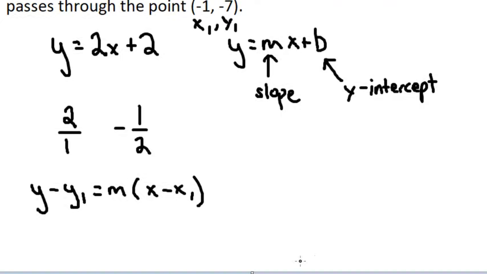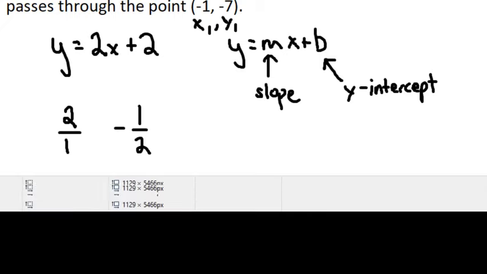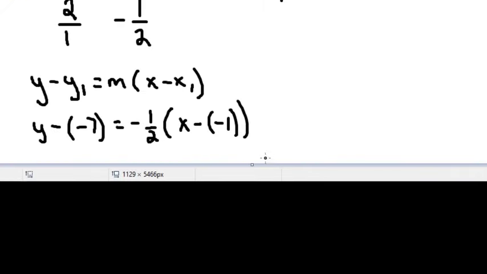So if we plug that in, we get y minus -7, our y1, is equal to -1/2 times x minus our x1, which is -1. Plug that in there.